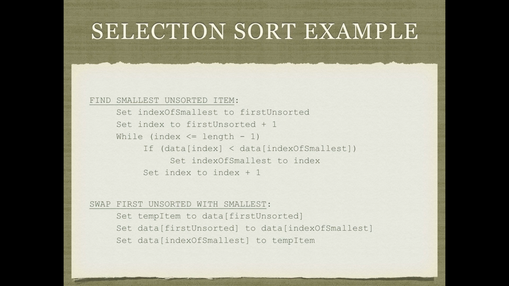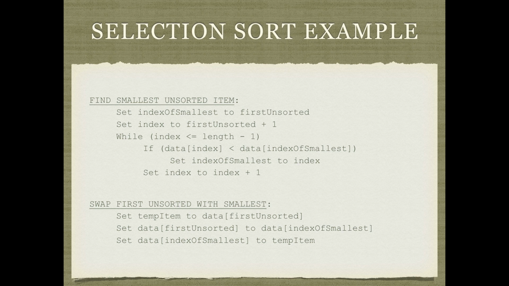The idea here is that as you iterate through the whole array, you will only reset the value of index of smallest if you find an array element value that is smaller. So at the end of the array, the index of smallest will stop updating if it is a greater value. It will point to whatever value is the smallest in the array.